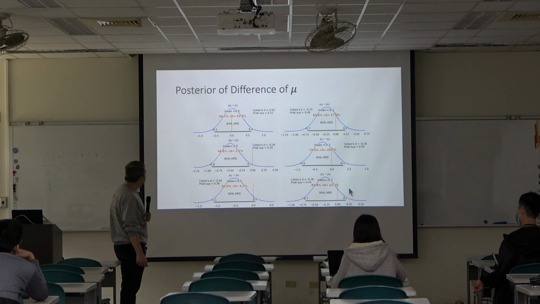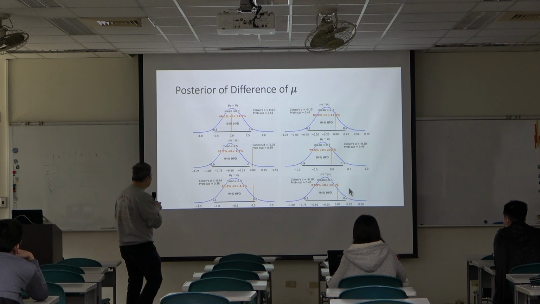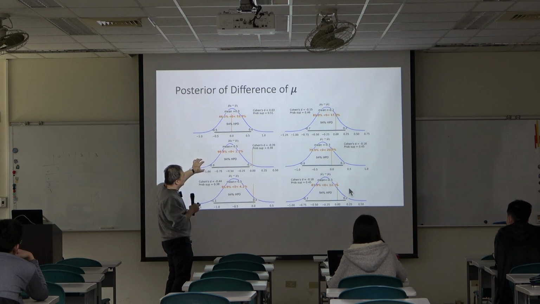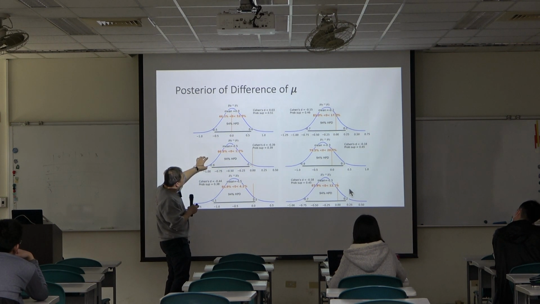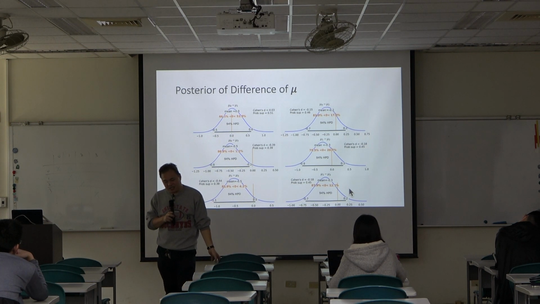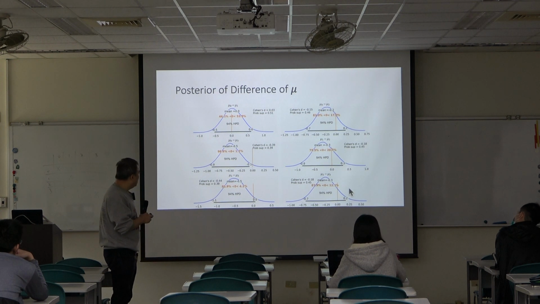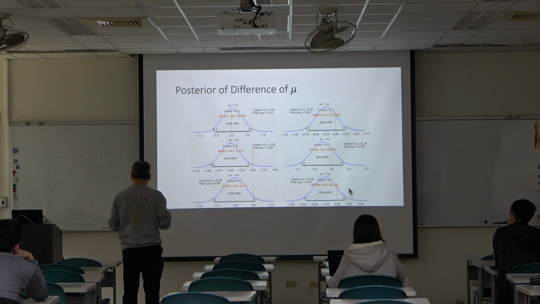Out of these 6 results, the only one where this zero reference value does not fall inside the 94% HPD is this one. What is this one? This was mu0 minus mu3. So Thursday and Sunday, these two groups are the most different. You can probably say that.